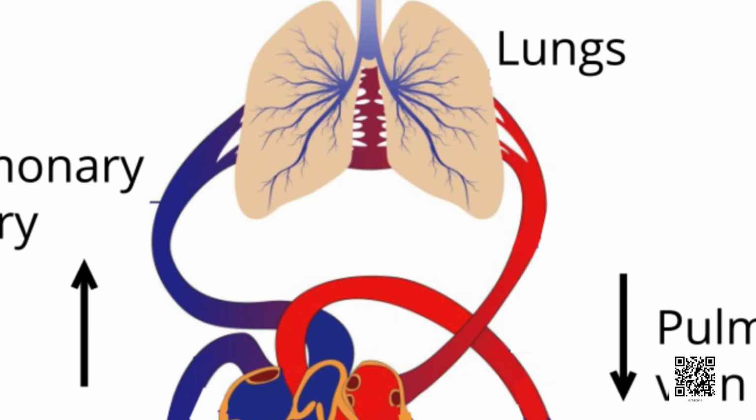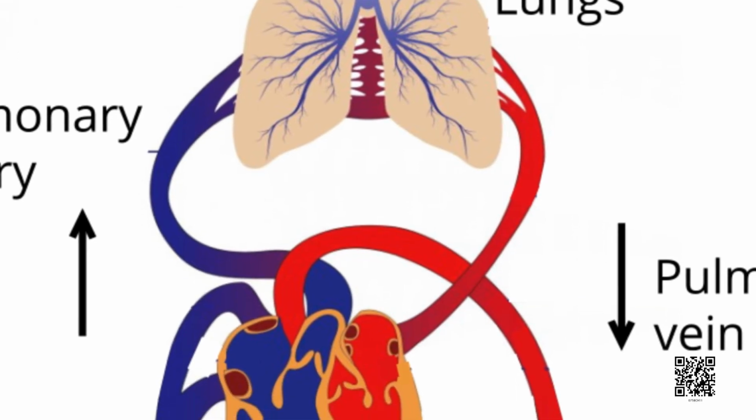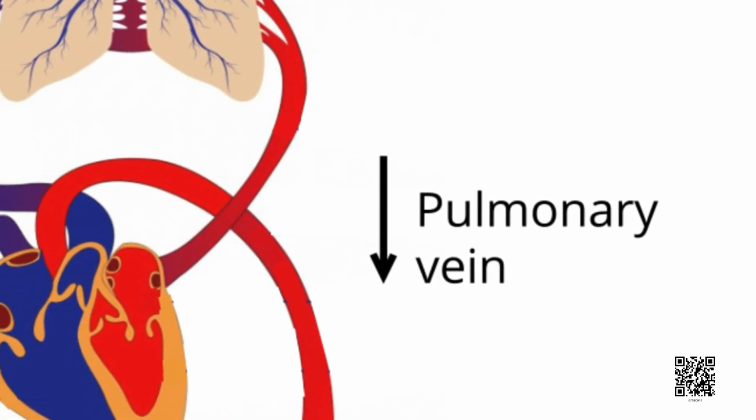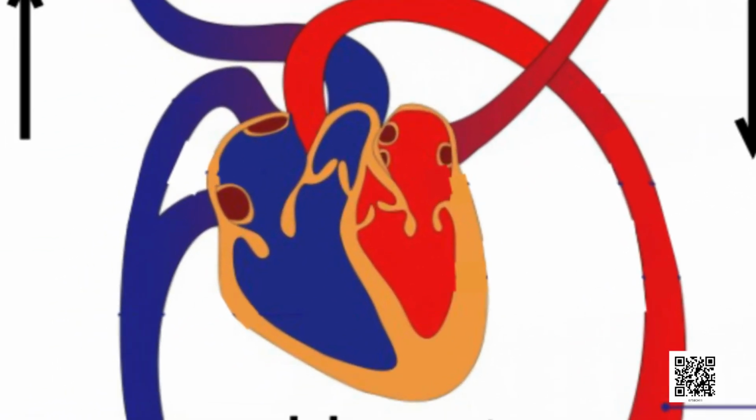Here in the lungs, gaseous exchange takes place and now the blood becomes oxygen rich. This oxygen rich blood from the lungs now comes to the left atrium through the pulmonary vein. This oxygenated blood from the left atrium goes into the left ventricle.